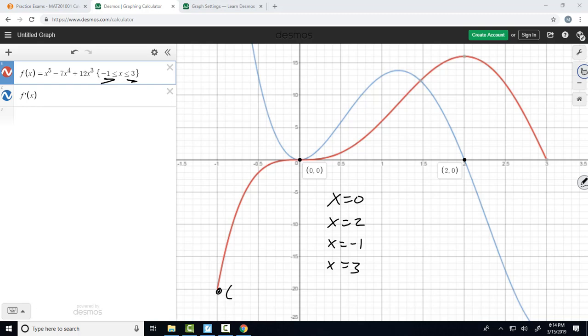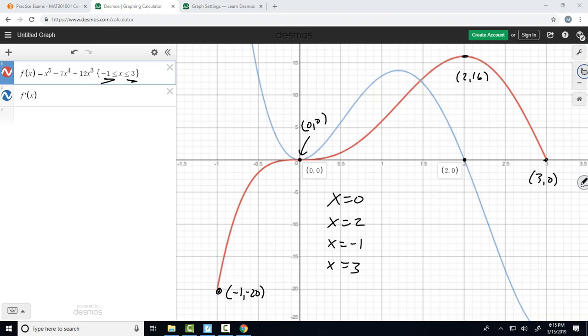We got the ordered pair negative 1, negative 20. We got the ordered pair 0, 0. We got the ordered pair 2, 16, and the ordered pair 3, 0. Okay. And by evaluating all 4 of those points in the function, we found where this function had its global max.